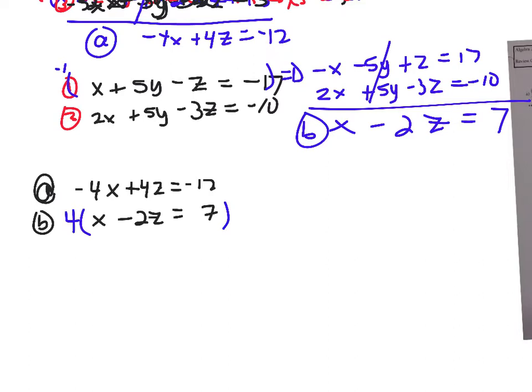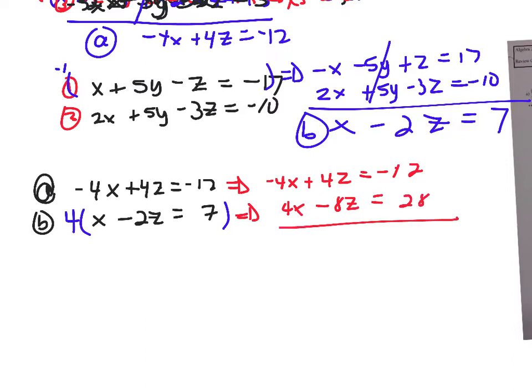This way I'll eliminate my x values. So the top equation is going to stay the same: negative 4x plus 4z equals negative 12. And the bottom equation becomes 4x minus 8z equals 28. The x's cancel, so I have 4z minus 8z is negative 4z. And negative 12 plus 28 is 16. Divide both sides by negative 4. Z is equal to negative 4.